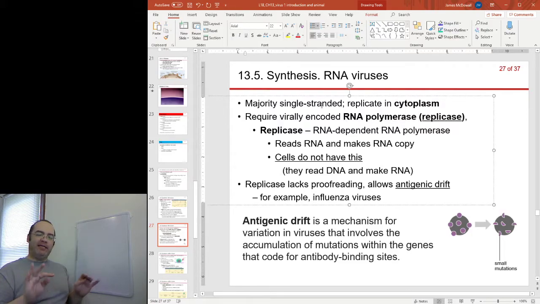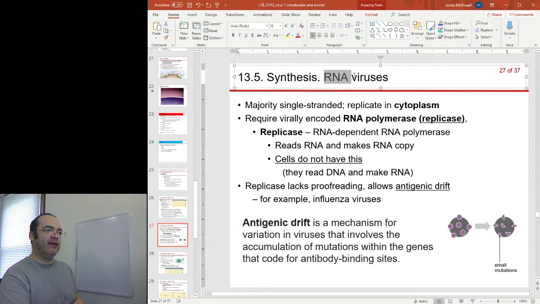RNA polymerase, as we know it in cells, reads DNA and makes an RNA copy. So it reads the DNA of our genes and makes messenger RNA that then goes on to be translated into proteins. In this case, we are starting with RNA, and we want to make RNA.